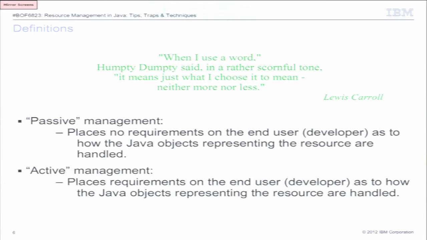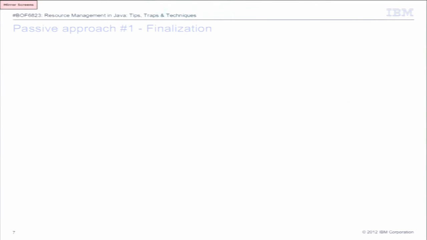Whereas in opposition, active management are those techniques where there is some requirement on the end user to comply in some way, use the code in some particular way, in order that resources are properly handled.